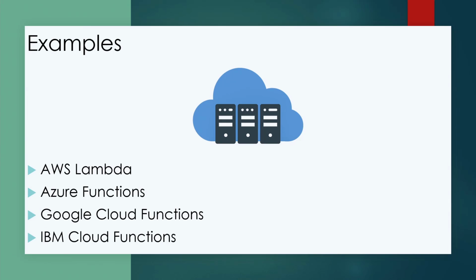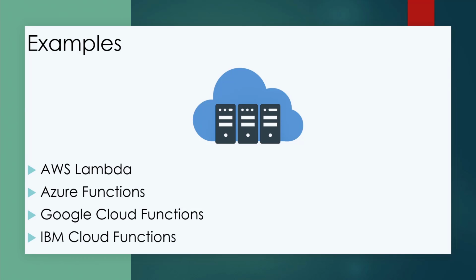And I want you to remember this too. The Lambda service of AWS isn't their only serverless compute service. For instance, they have something called Fargate, which is where we can host our containers in a serverless compute environment.